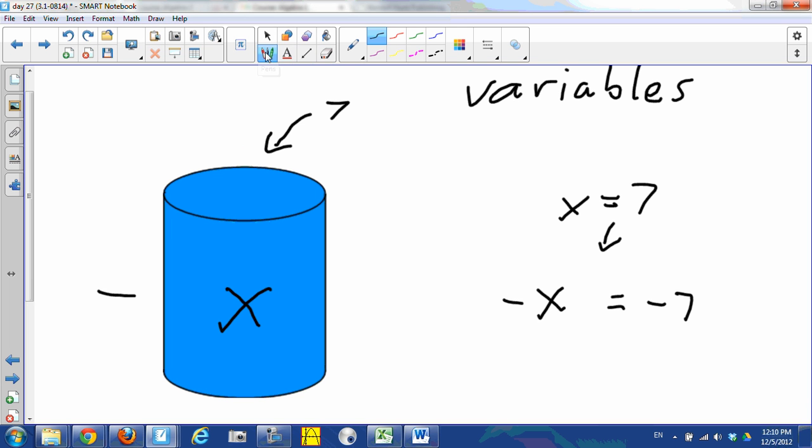Now, here is the strange thing for some students, and I understand the strangeness. Suppose the number in the bucket is -6. We throw -6 into the bucket, so x equals -6. Well, if we negate that -6, we would have 6.